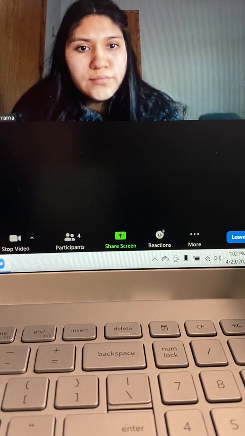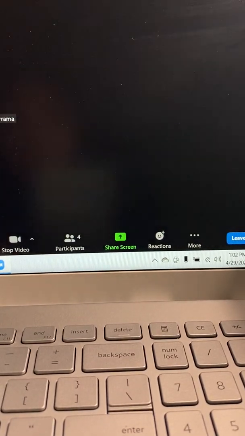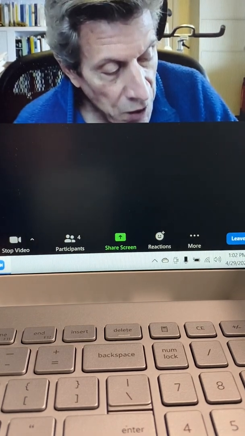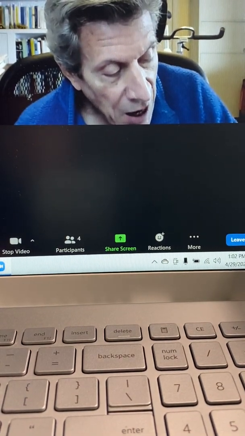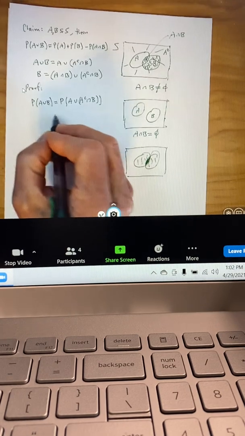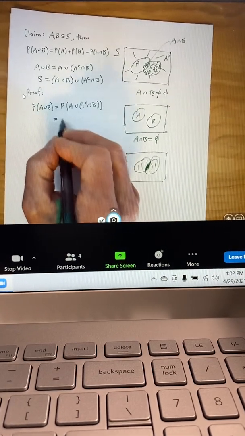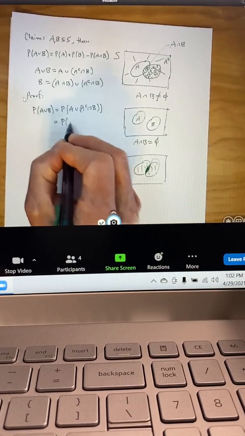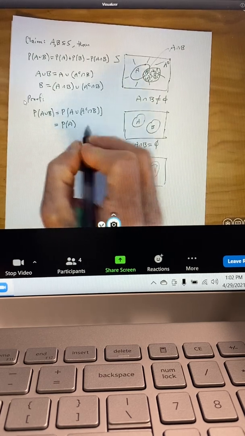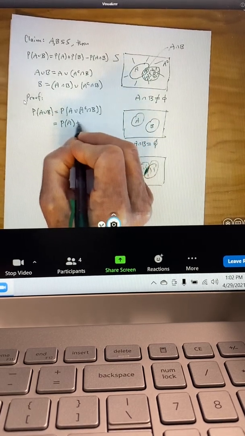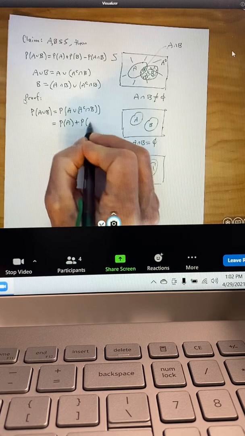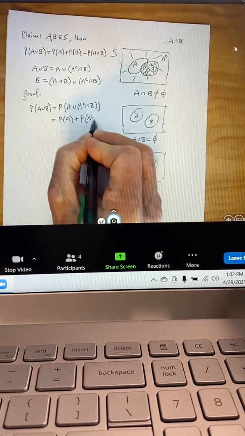That doesn't look particularly helpful, except that we earlier realized that A and A complement intersect B were disjoint. So we can rewrite this as the probability of A, using axiom 3, plus the probability of A complement intersect B.